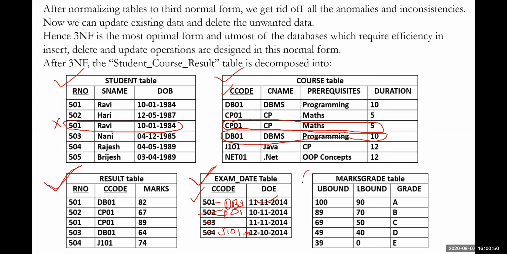Then it could not be taken into consideration for updating, because this is a stipulated or constant kind of table, and it could not be updated each and every time. Therefore, you eliminate all kinds of anomalies. If any student is joined, you need not enter course details, results details or examination details.